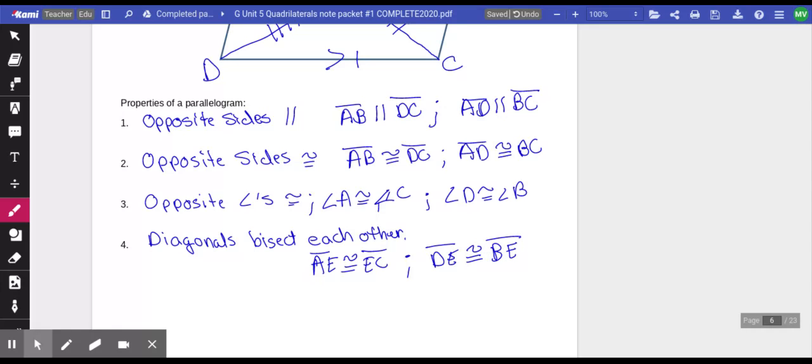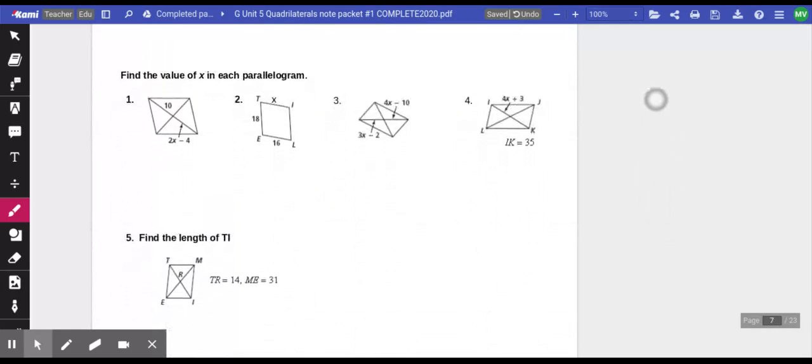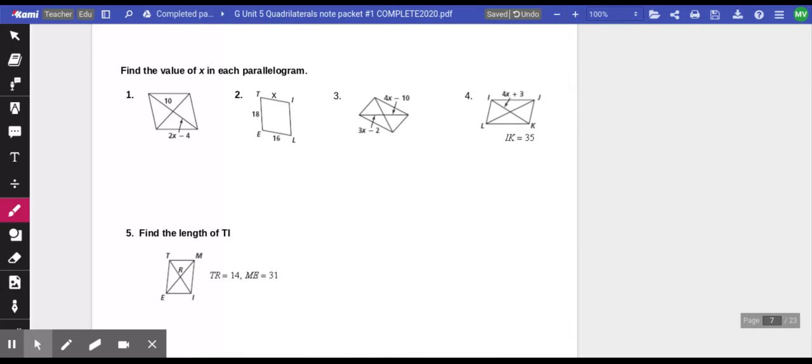So that's a lot to remember about parallelograms. So using that, we can find missing information. So in number 1, we know that the diagonals bisect each other. So that means that 2x minus 4 equals 10.